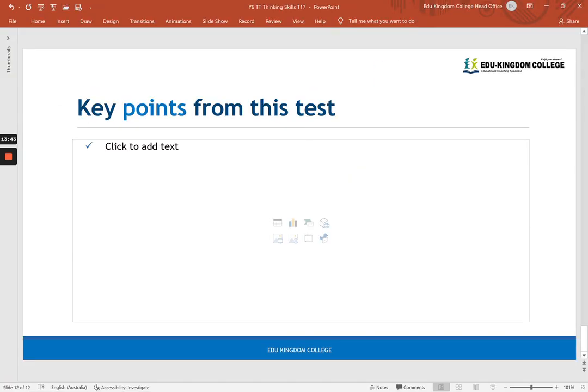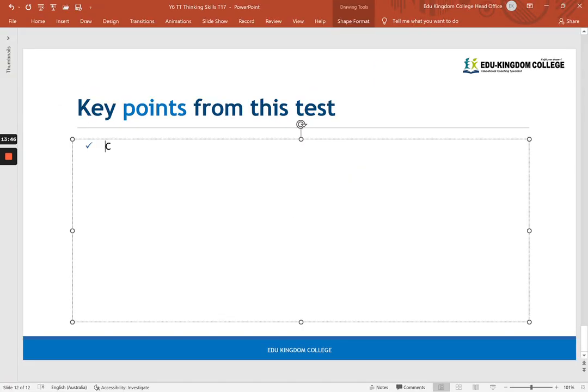So the key point I want to drive home today is for the comparison questions. Okay, always set up a simple table, no matter how obvious the information looks to you.